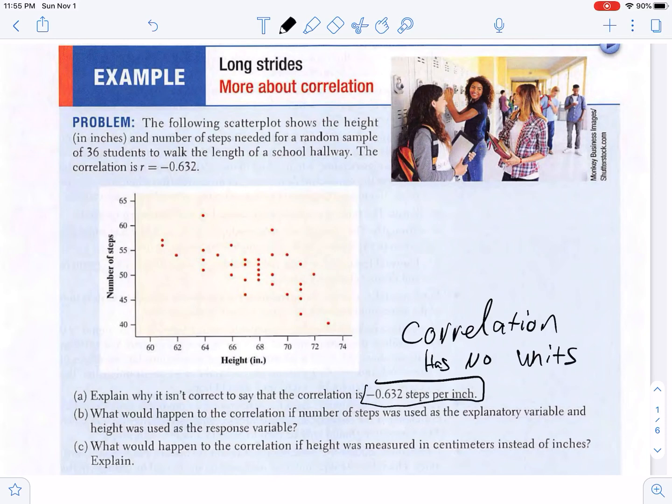Correlation is just a number that tells you how well associated two different bits of data are. It has no units, so there is no unit on our correlation. Now if you could try B and C on your own as part of the problems here, perhaps you can pause the video and try that before we move on.